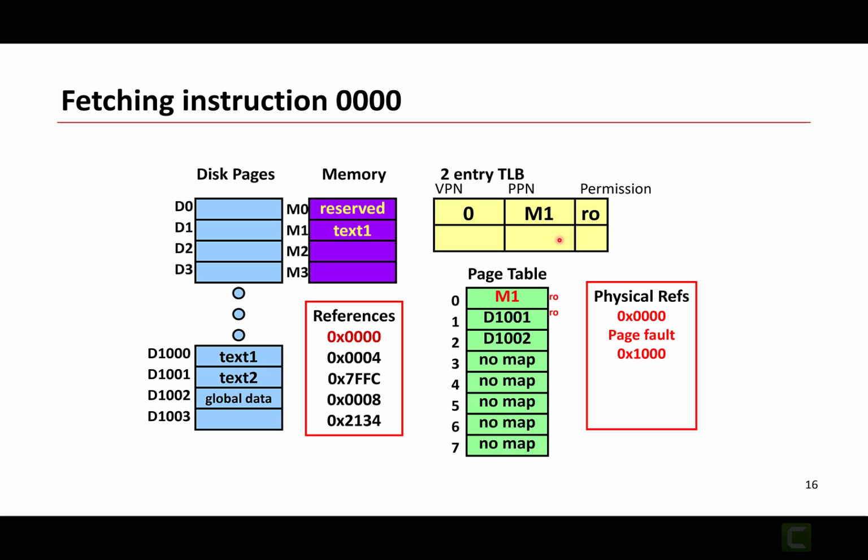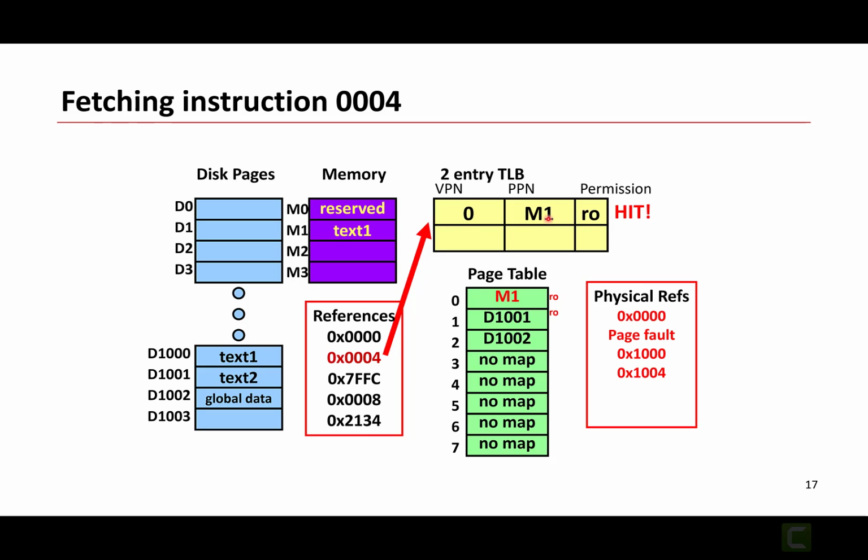All right, so now let's go and execute the next instruction. The PC would have been incremented by 4, and so I'm accessing the next instruction, which is 004. And because we had already done the hard work of bringing the text page and doing the address translation and caching it in the TLB, we don't have to go through all that again. The TLB has the address translation for us.